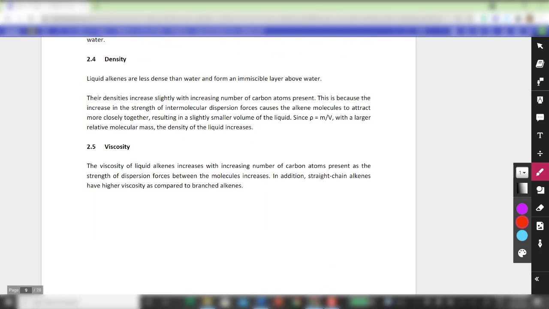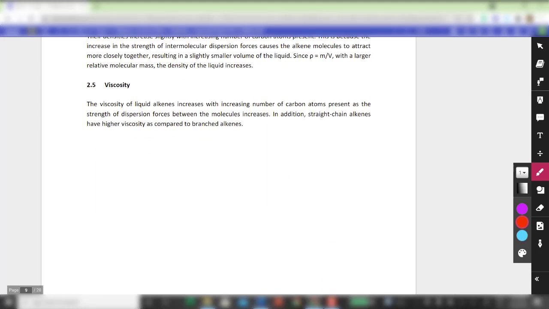Okay, then for viscosity of alkenes, usually it increases with increasing number of carbon atoms present, because an increase in carbon atoms leads to stronger dispersion forces between molecules. So stronger dispersion forces here will mean that they are more resistant to free flowing.